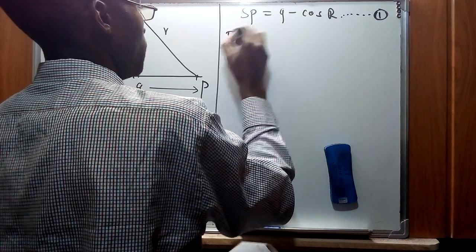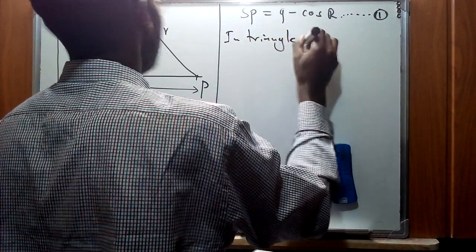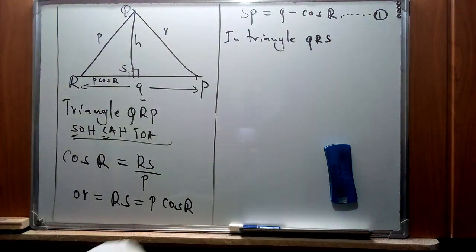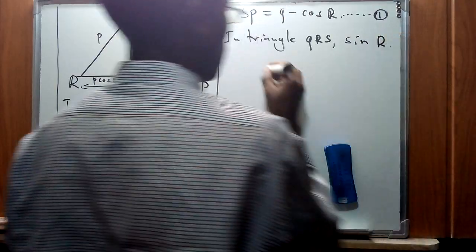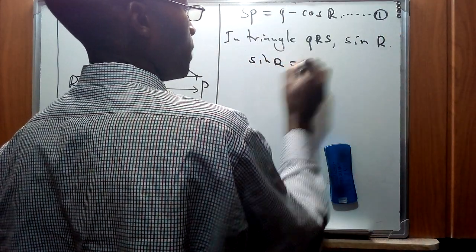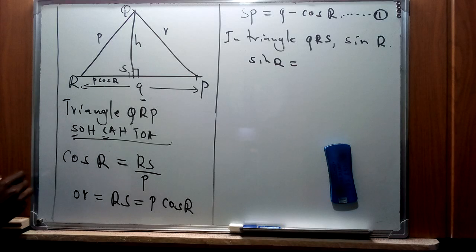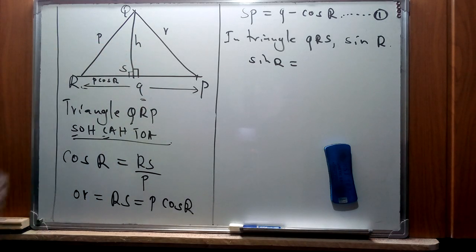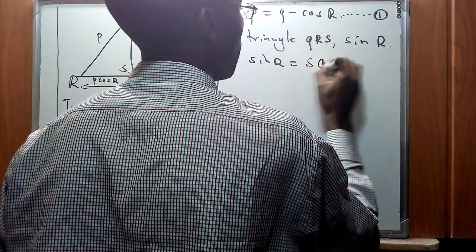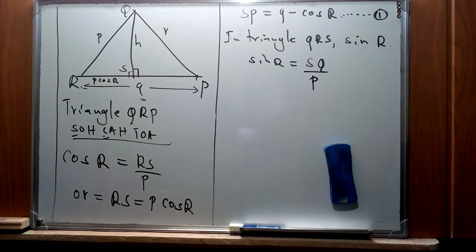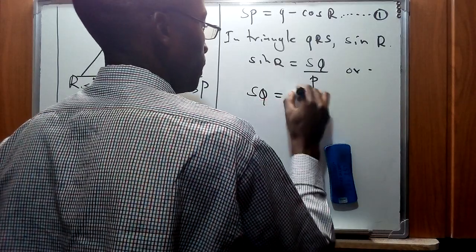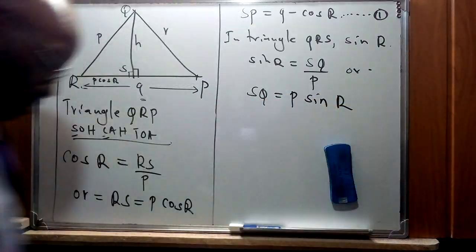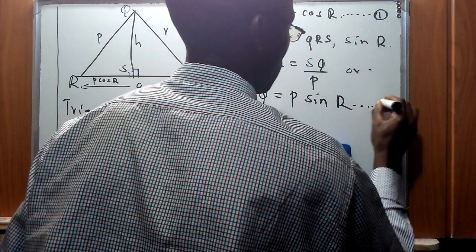So in triangle QRS, the sine of angle R can be represented as opposite over the hypotenuse, which is going to be SQ over p. So therefore, we can represent SQ as p sine of R. So that is going to give us equation 2.